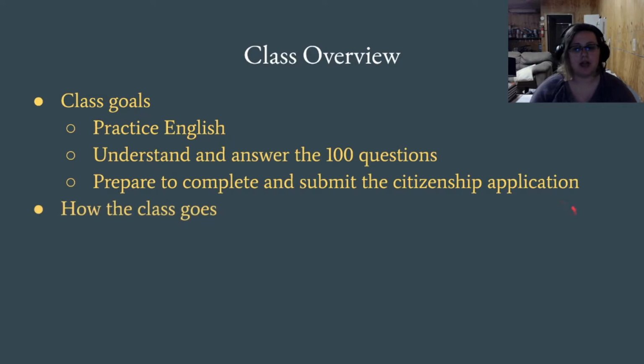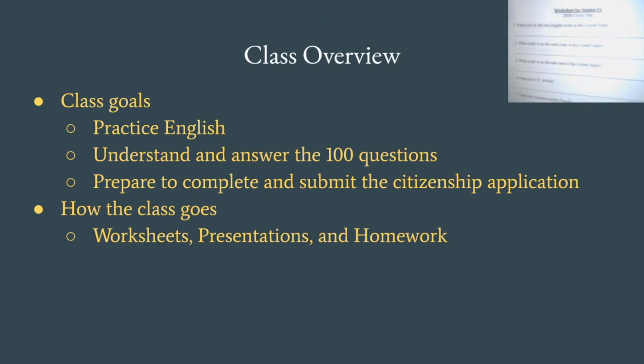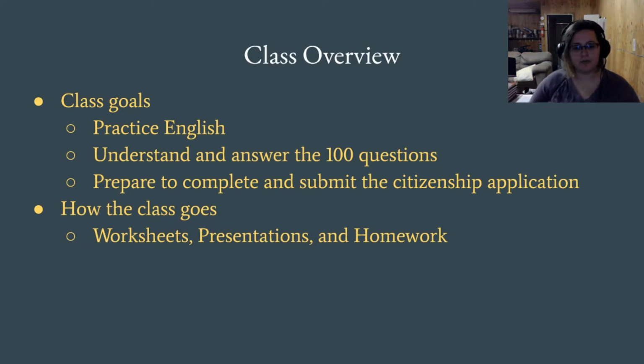This class is made up of worksheets that go along with each video. For this video, you should have the worksheet that says worksheet for session 1, 2008 civics test. This is what it looks like. I'll hold that up to the camera if you can see it up there in that corner. That's the worksheet you should have in front of you.